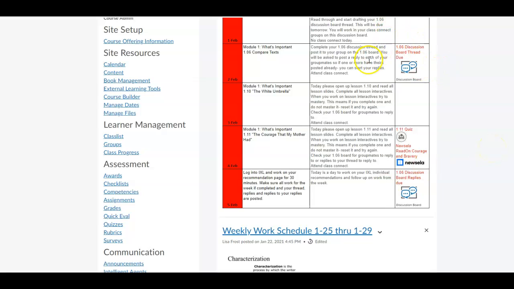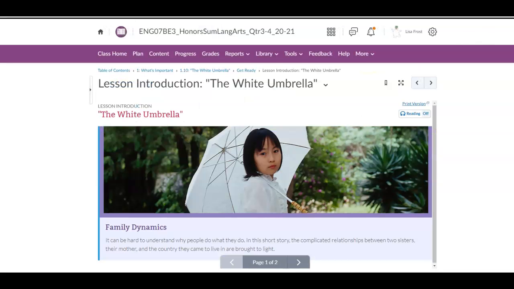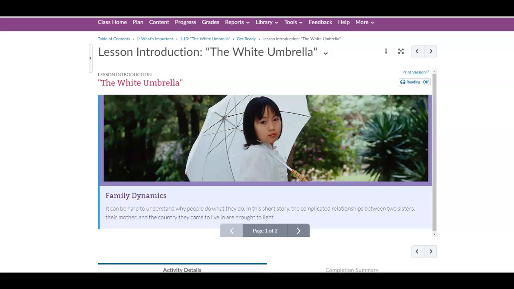And then on 1.10, we're going to get an opportunity to read this great story, The White Umbrella, and it is another story about what's important, where this young lady figures out what's important, and what she learns from her relationship with her sisters and her mother.